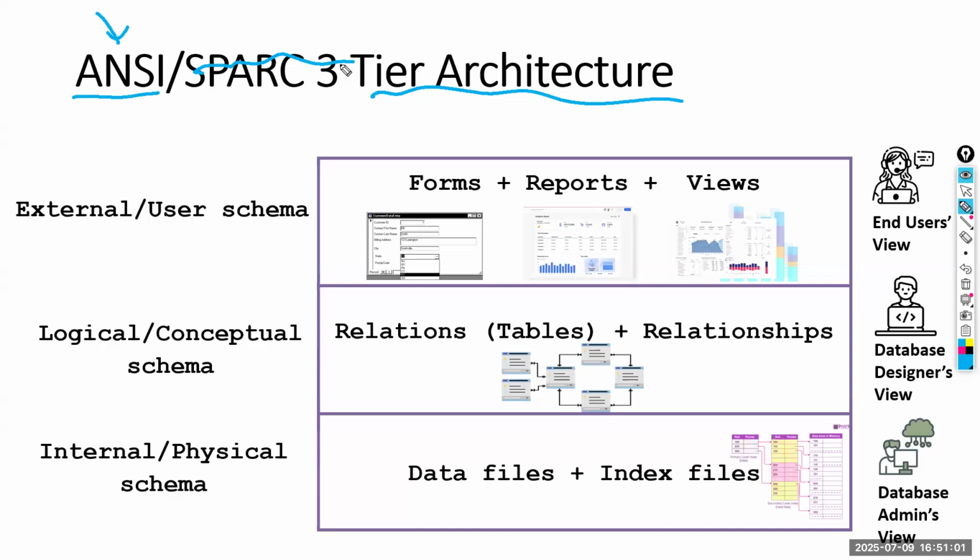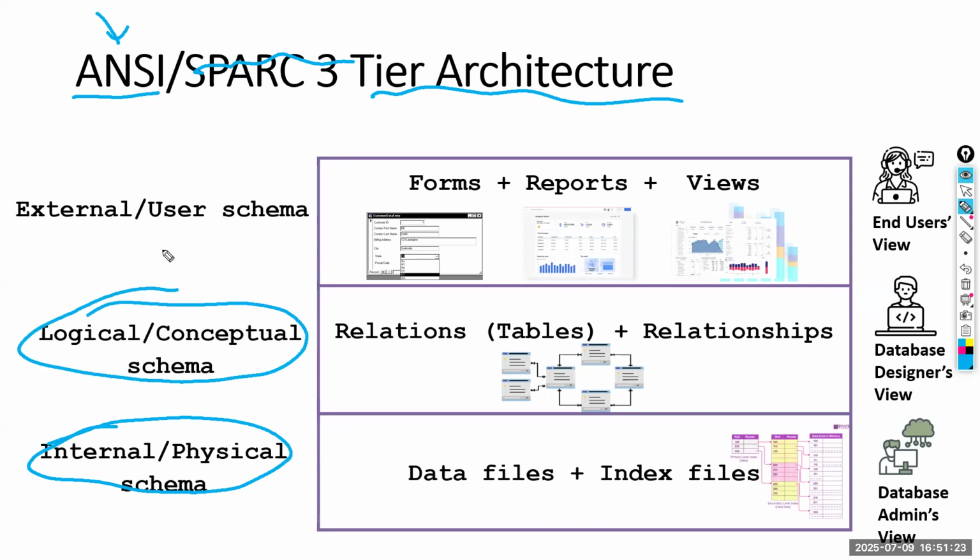They came up with this three-layer architecture so that every database vendor, like Oracle and Microsoft, respects it. So what are the three layers? Internal, which is the physical layer or schema. Logical, which is the conceptual layer or schema. External, which is the user layer. Internal or physical, logical or conceptual, external or user.